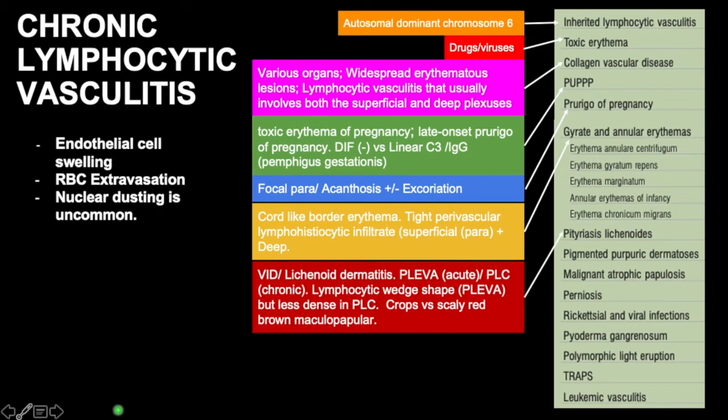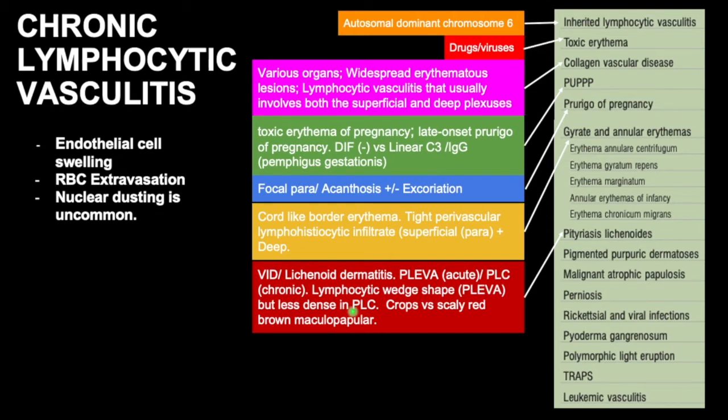In pityriasis lichenoides, we see in this pattern a vascular interface dermatitis and lichenoid dermatitis, similar to the pityriasis lichenoides that we see outside vasculitis. And we have two flavors of pityriasis lichenoides: PLEVA is the acute form, and pityriasis lichenoides chronica, or PLC, is the chronic form.